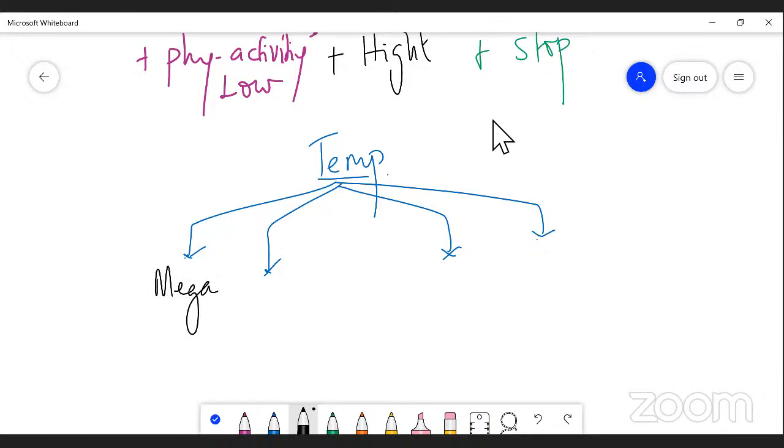Thermal means temperature, heat, right? Megathermal. The second type is microthermal. And the third one, mesotherms. Then the fourth one, hekistotherms.